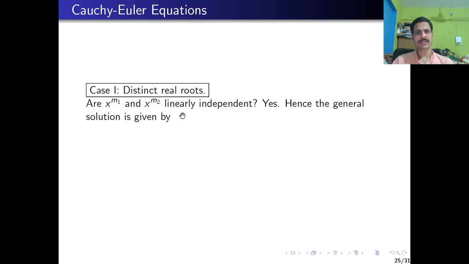Hence, they are linearly independent. So, what will be the general solution? That will be the linear combination of these two linearly independent solutions. The general solution will be y is equal to c1 times x raised to m1 plus c2 times x raised to m2, where c1 and c2 are real numbers.